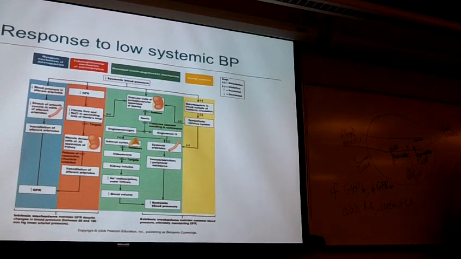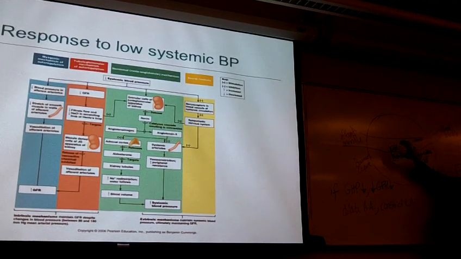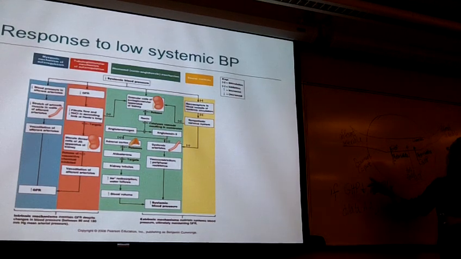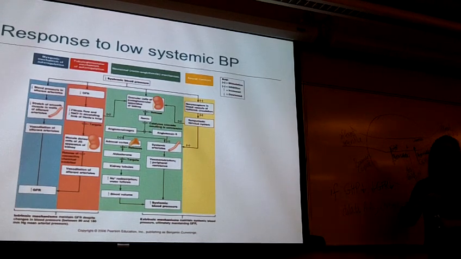Systemically, if blood pressure is dropping, which then causes the pressure in here to drop and causes filtration rate to drop, then the autonomic nervous system can play a role systemically to cause the pressure in here to rise. And hormones can also play a role to cause the pressure in here to rise.